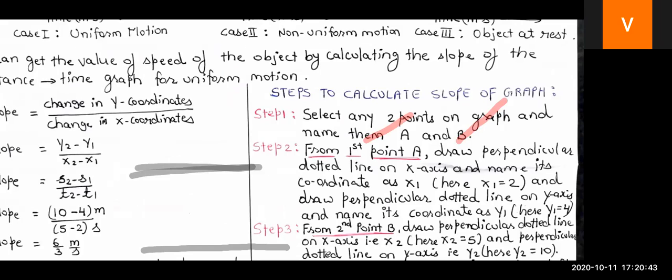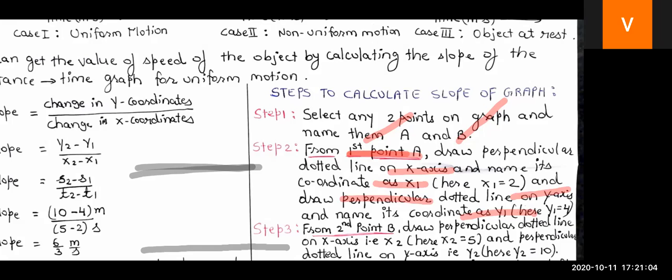Or you can name them as 1, 2 also, no problem in that. Then from the first point, you will draw a dotted line on x-axis and you will name the coordinate over there as x1. And from the same point, you will draw a dotted line on y-axis and you will name the coordinate as y1. This is about point 1.